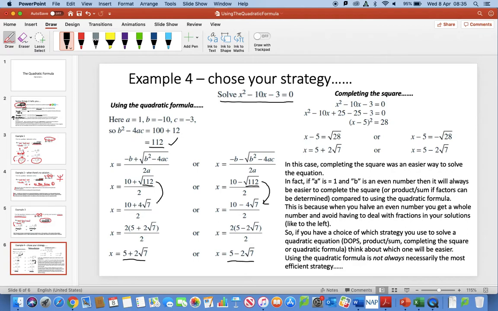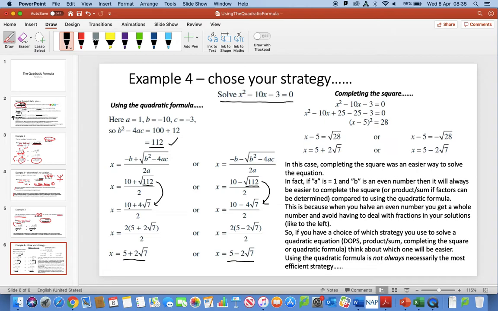Okay? So again, we need to be sure that we can simplify surds by breaking the surd up into factors of perfect squares, and we would end up with the square root of 112 equaling 4 times the square root of 7 in both scenarios, just plus or minus.